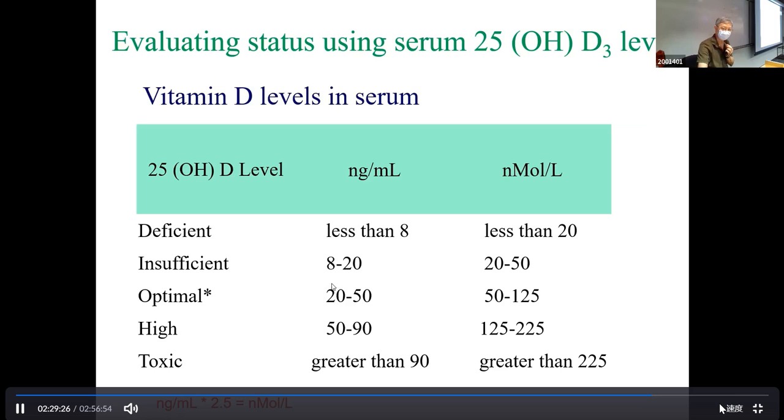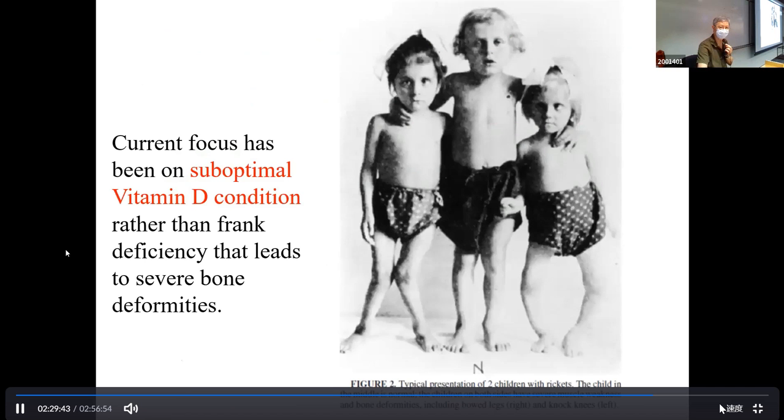So that means this will be the lowest value for the optimum range that we are now accepting. And this is also the level that is being questioned now, whether this is too low. And of course, vitamin D deficiency will have serious consequences.